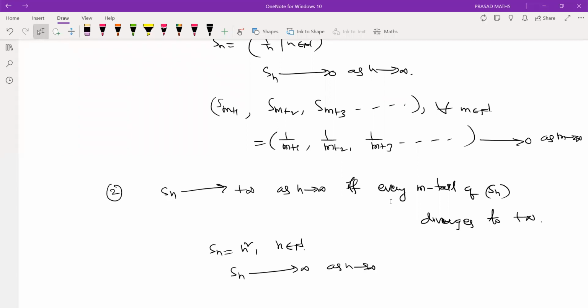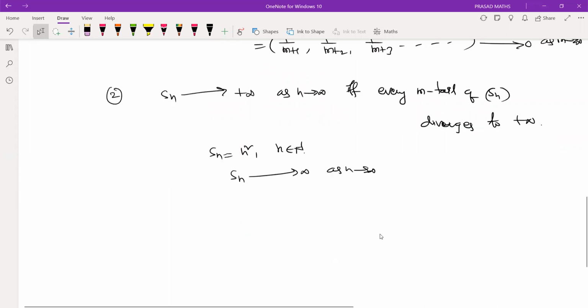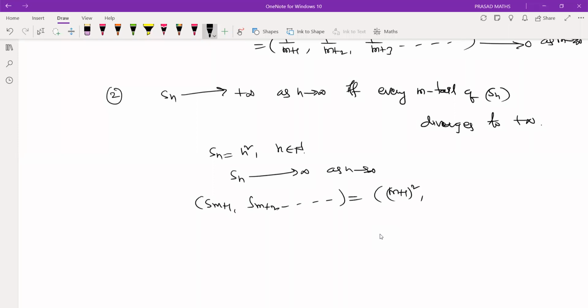But you take any m tail, what is this actually? m plus 1 whole square, m plus 2 whole square, going on, it tends to infinity as m tends to infinity. Therefore, whenever the sequence diverges to plus infinity, of course, every m tail of that sequence diverges to the same plus infinity.